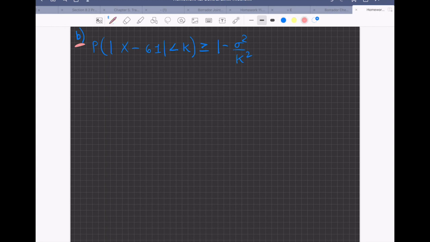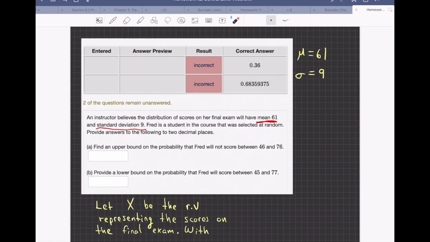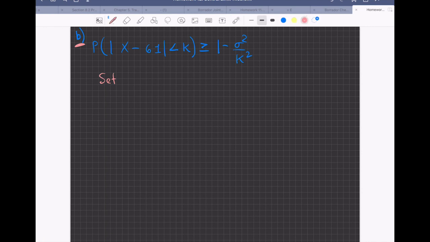You have to set any of these two values, 45 or 77, minus 61, and we choose 77. The absolute value of this is equal to k. If you do this, you will have the absolute value of 16 is equal to k, so k is equal to 16.